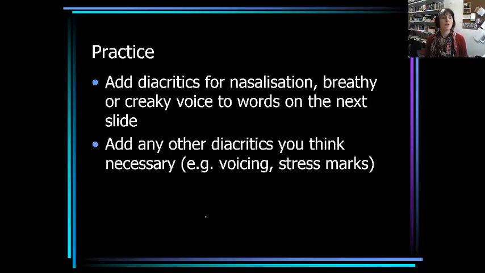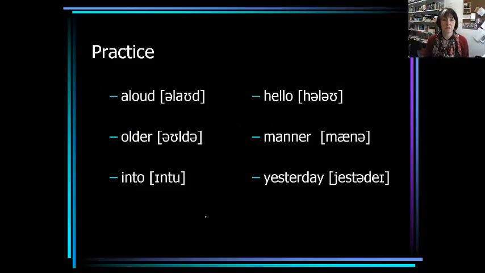Okay, here we go. So for each of these words I want you to add diacritics. Are you ready? So the first one is allowed, allowed, allowed. You can add in intonation if you want as well, if you know how to do that. The next one is older, older, older. The next one is into, into, into.